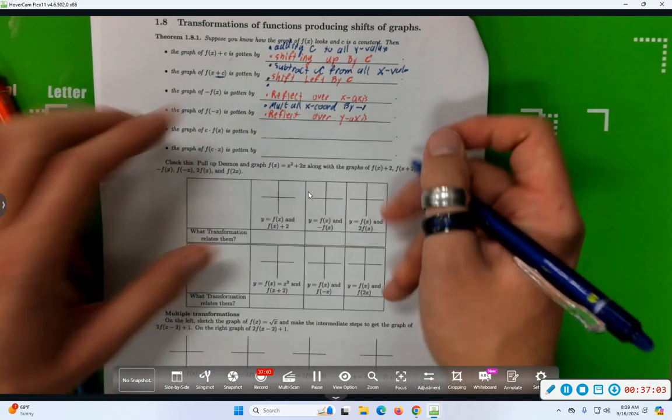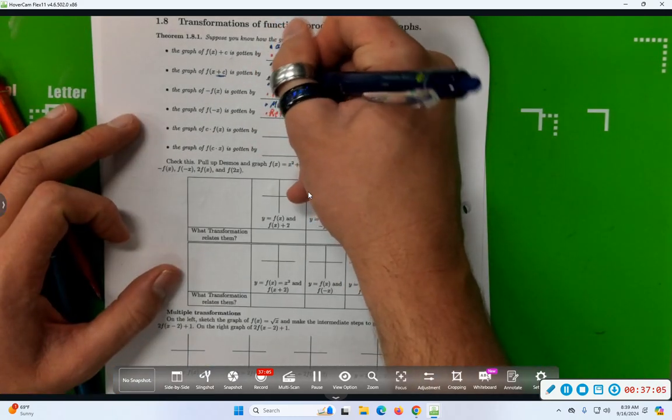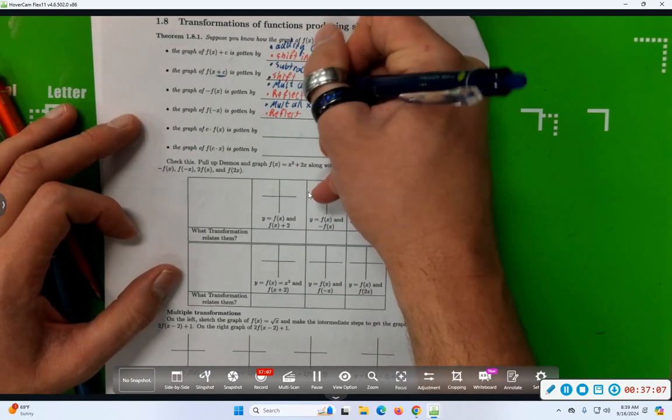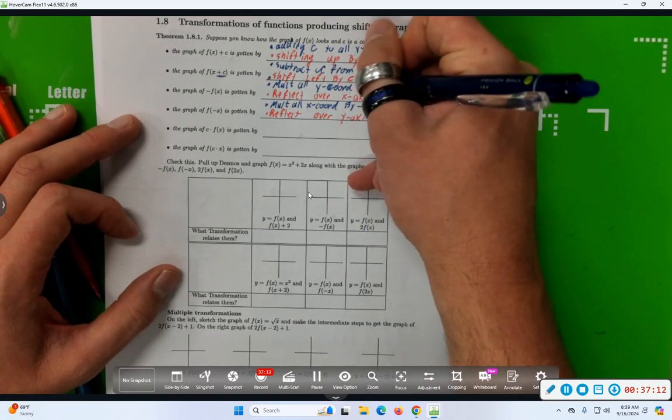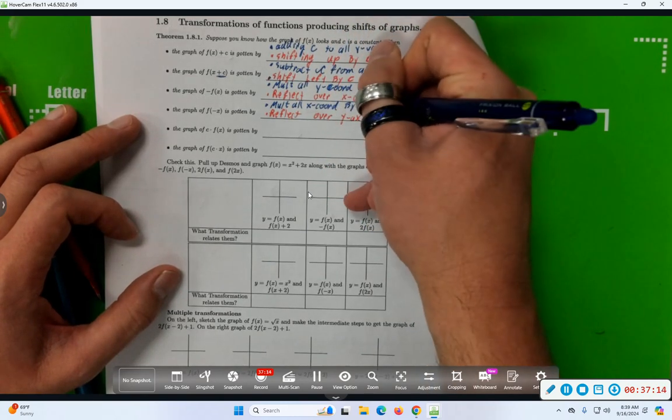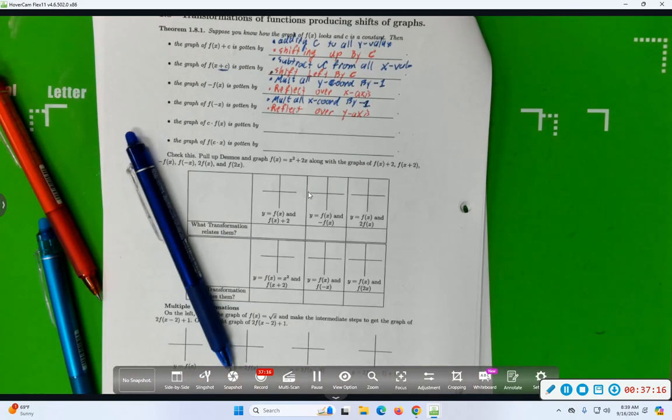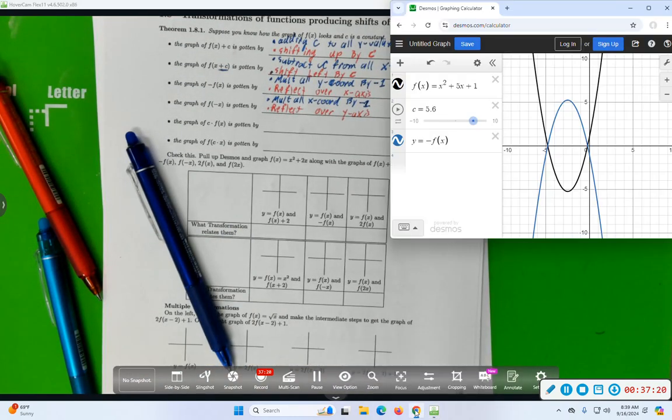You reflected over the x-axis because you wanted to multiply all y coordinates by -1. Groovy. And again, let's just see if that works. Here's the function that we have. That look like I've reflected over the vertical axis? Nice. All the input values became negative.